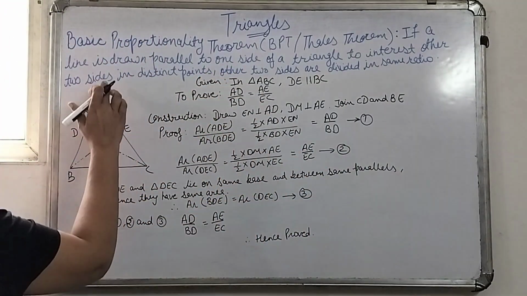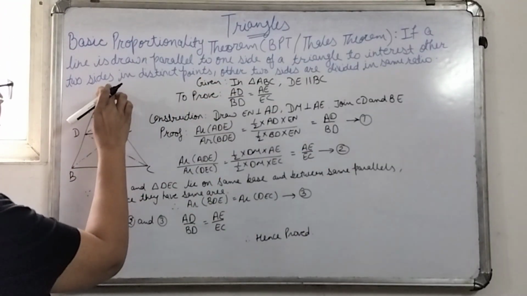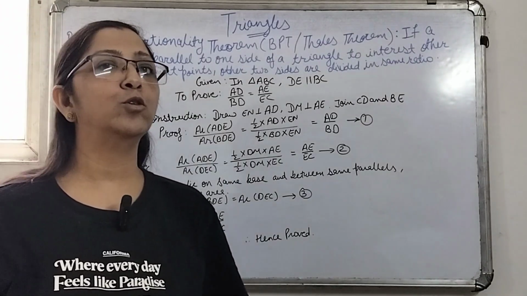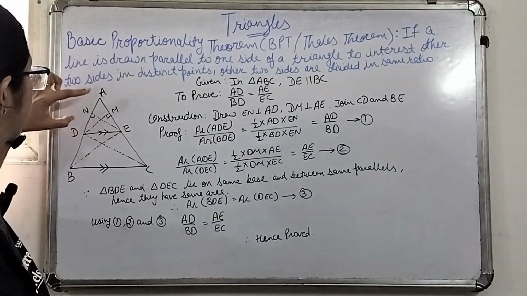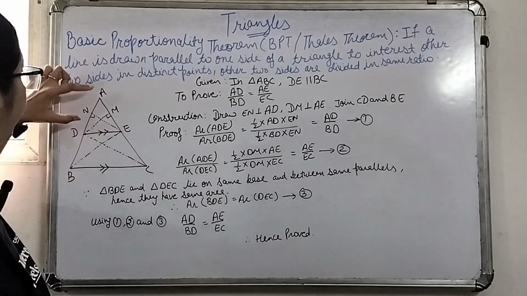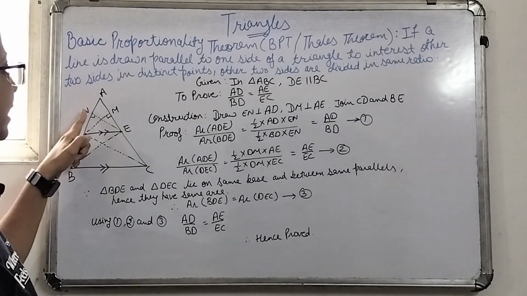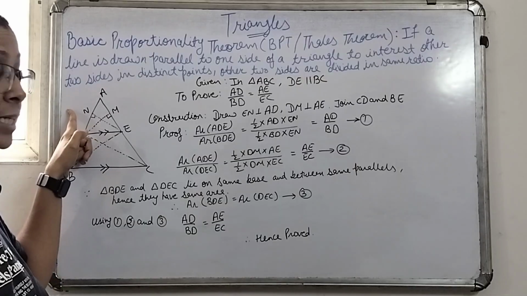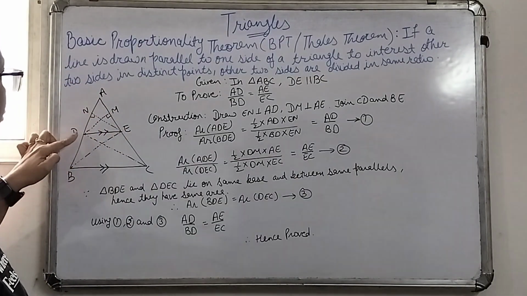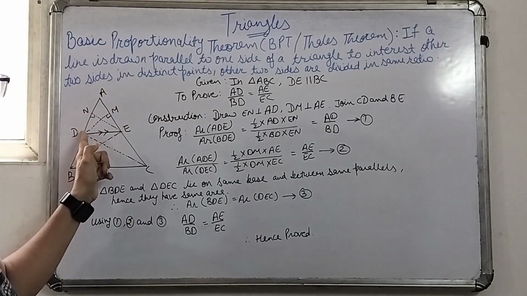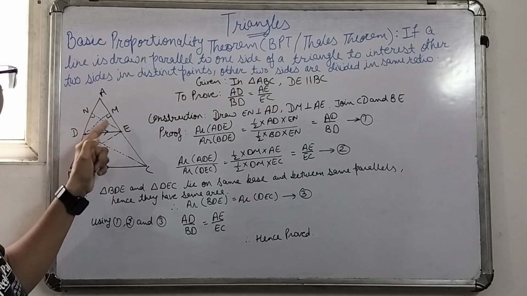See over here, if we take the triangle ADE, the area of the triangle is 1 upon 2 base into height. If we take AD as the base, EN will be the perpendicular or the height.